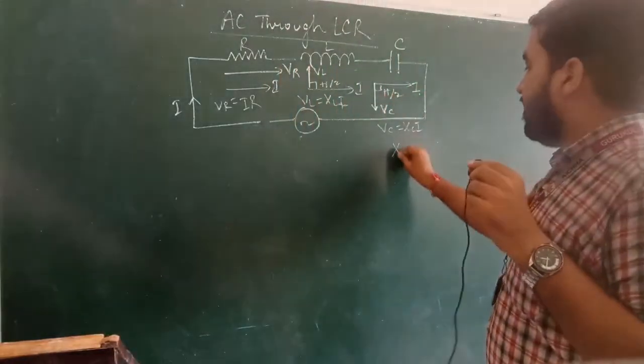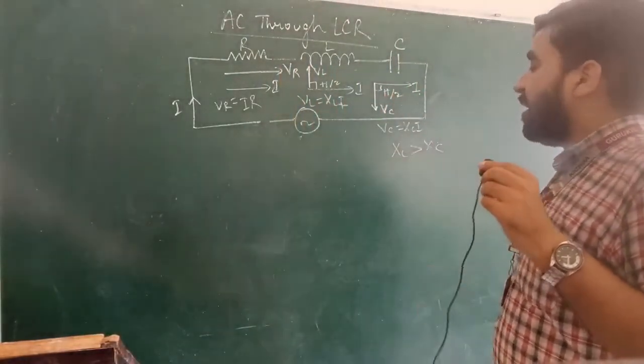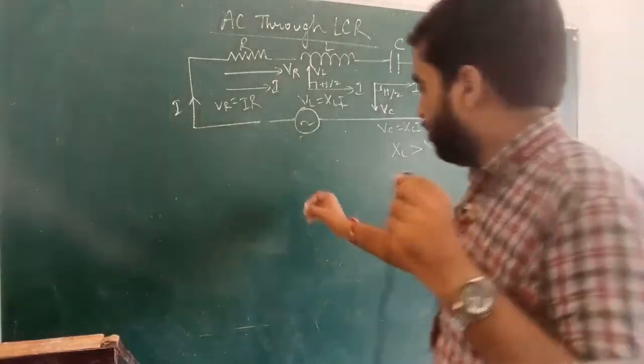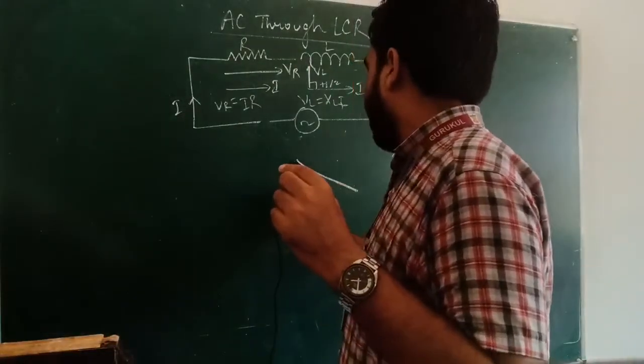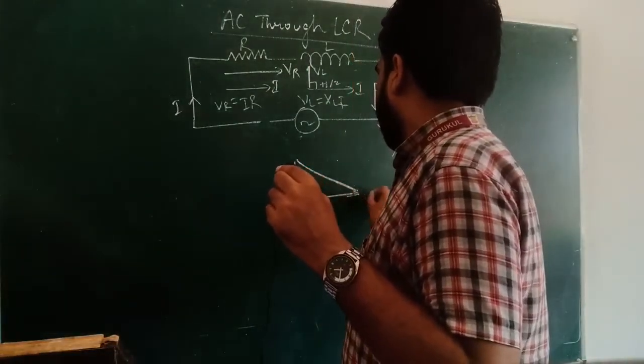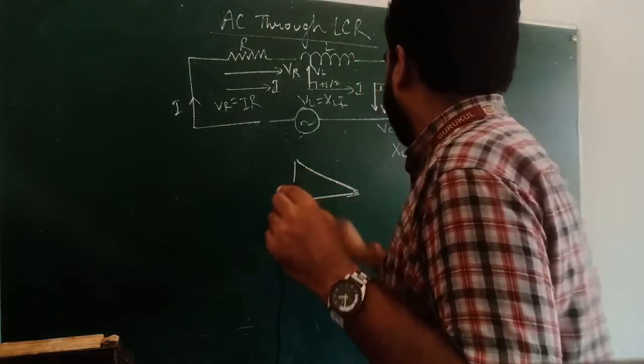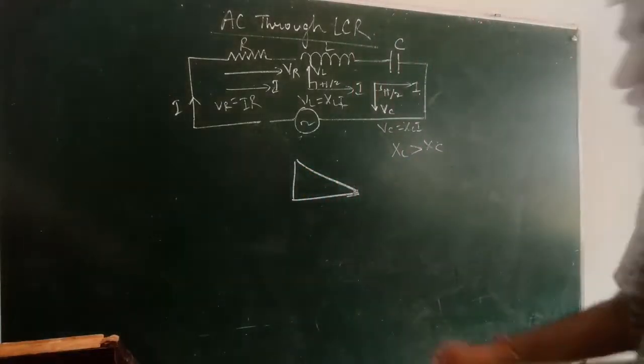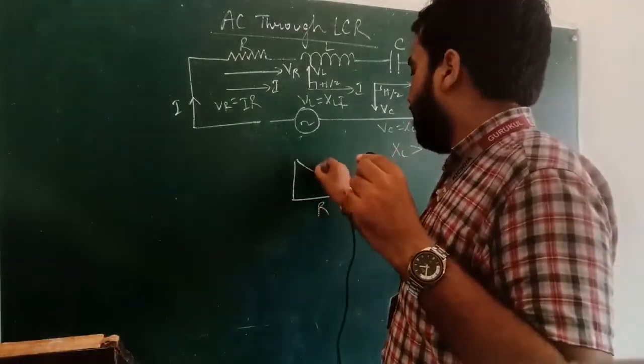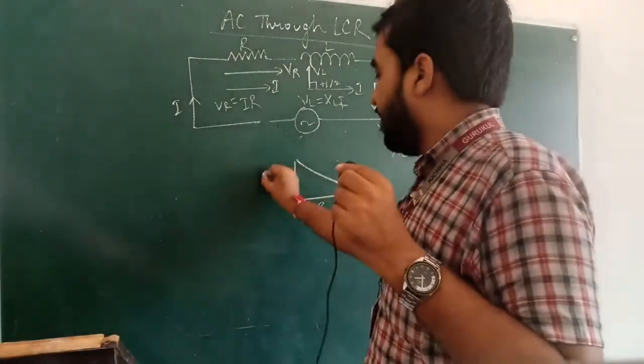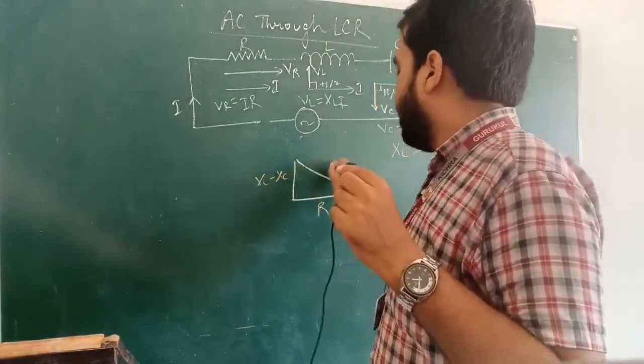If XL is greater than XC, you can see clearly by the phasor diagram. Again I can repeat it. Here we have shown the resistance, here XL minus XC, and that is the resultant value.